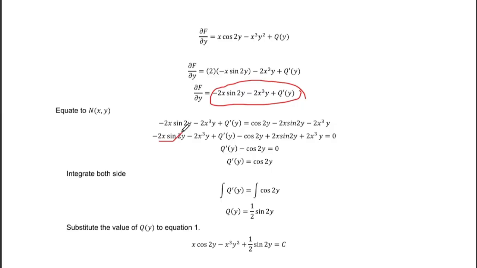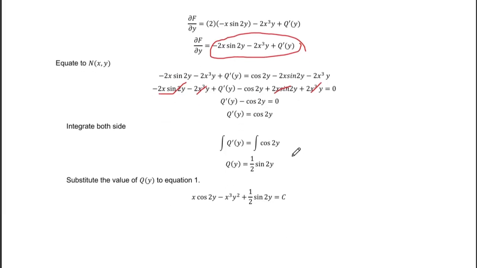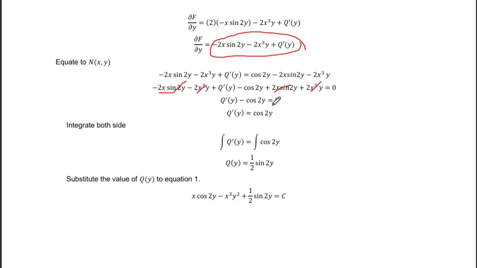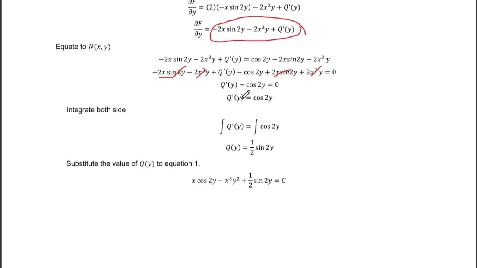We cancel these, combine like terms, and we only have q prime of y minus cosine 2y is equal to 0. Transfer the negative cosine 2y to the other side. We have q prime of y is equal to cosine 2y.